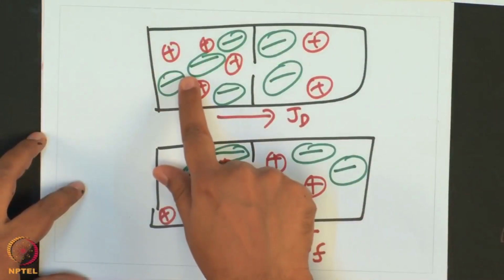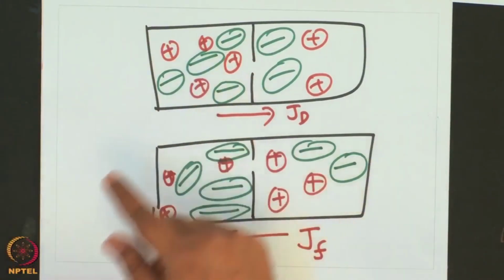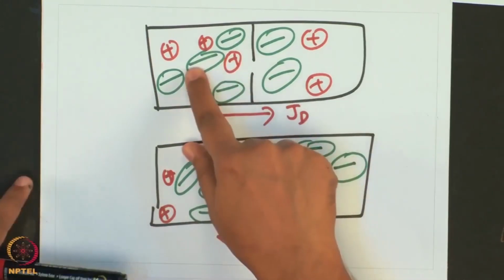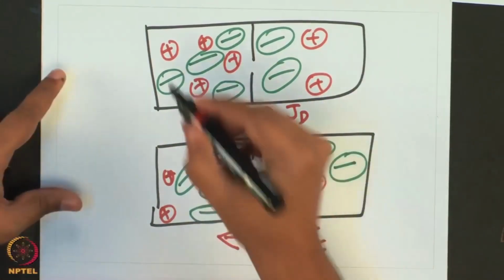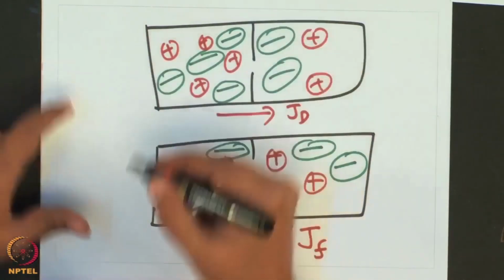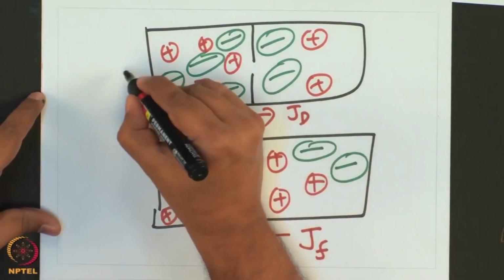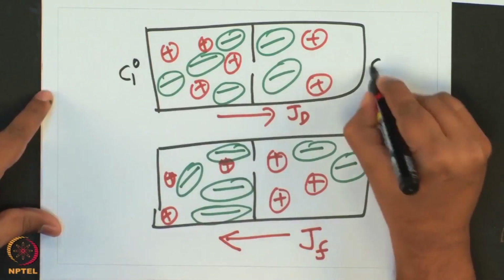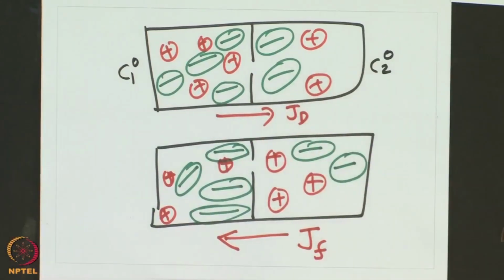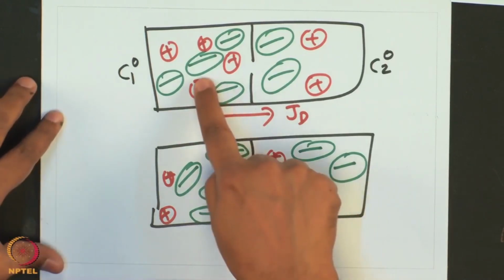At t equal to 0, we have some concentration of ions, C10 on one side and C20 on the other side. At t equal to 0, there are more plus ions here than here.